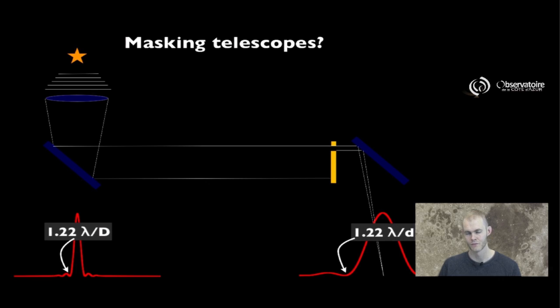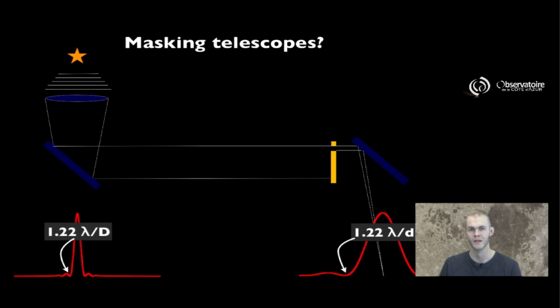What you've achieved in doing so is something that doesn't sound like a good thing. You've essentially killed the angular resolution of your telescope. By shrinking the size of the aperture, you increase the size of the diffraction pattern, which is now 1.22 lambda on small d.